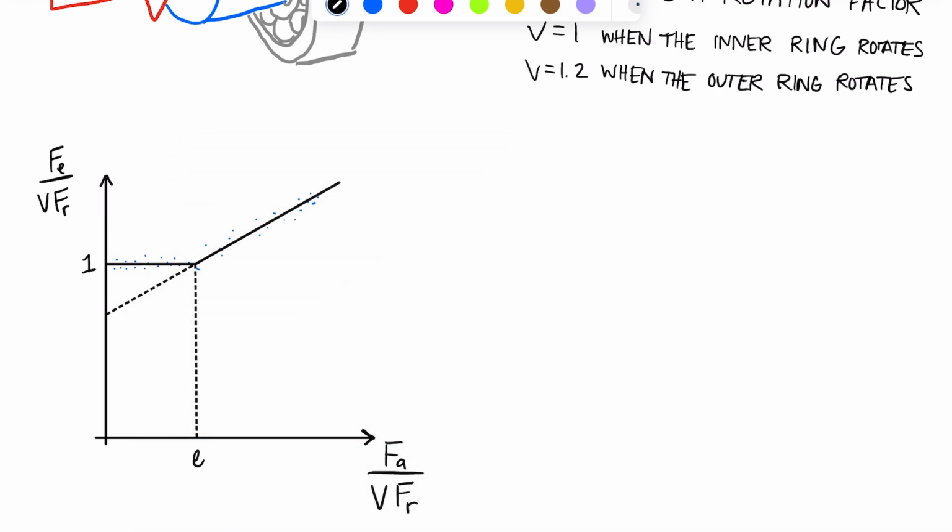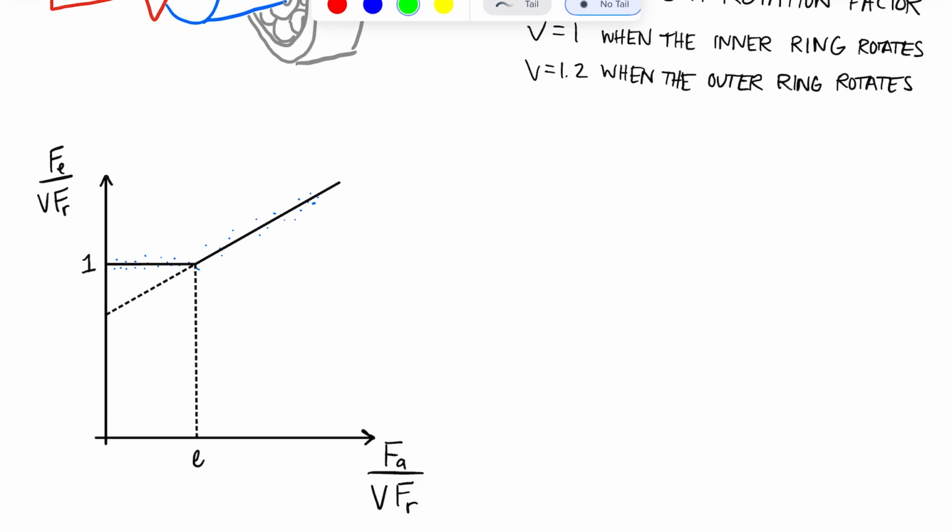So when our ratio of FA over VFR is less than e, the axial thrust load essentially has no effect on our equivalent radial load. In other words, if our axial thrust load is small enough that it's in this area of our graph, it does not appear to have any effect on our equivalent radial load.